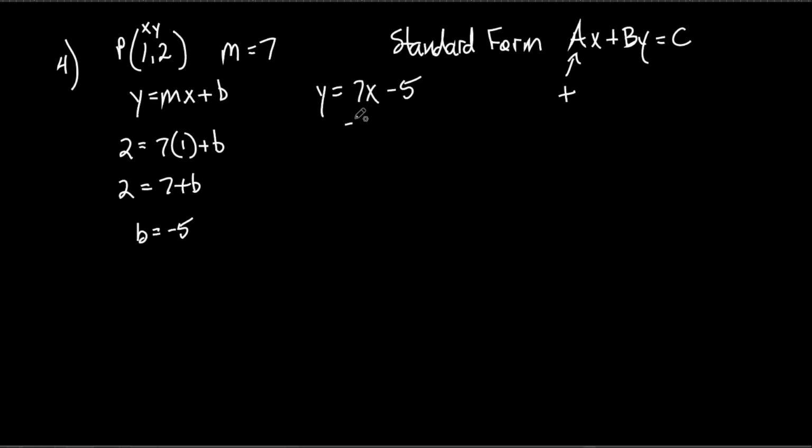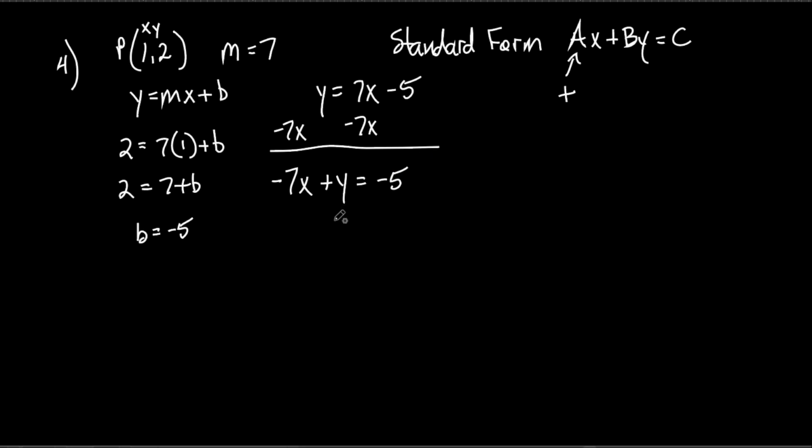How do I get rid of that? I subtract a 7x, and I come over here and I subtract a 7x. Does that make you feel better if I do that? Okay, you guys look confused by me putting this over to the right. So I'm going to move the x to the left. So what do we get? Negative 7x plus y equals what? Negative 5. Whoops, it's a weird 5.